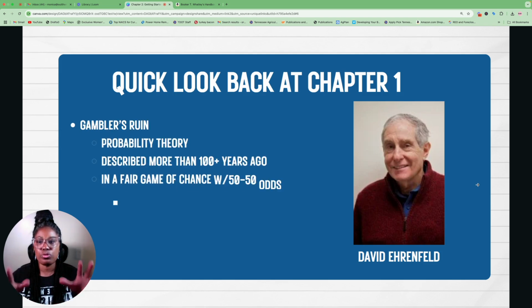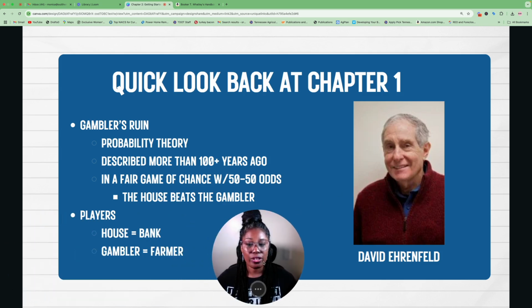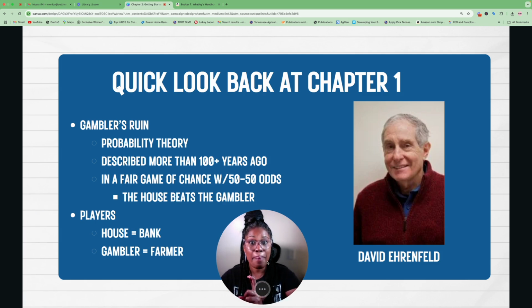So Gambler's Ruin is a probability theory, and it's 100+ years old. Basically it says that in a fair game of chance with a 50-50 set of odds, the house is going to beat the gambler. That's just the way it goes. And in the game of farming, the house is the bank and the gambler is the farmer.